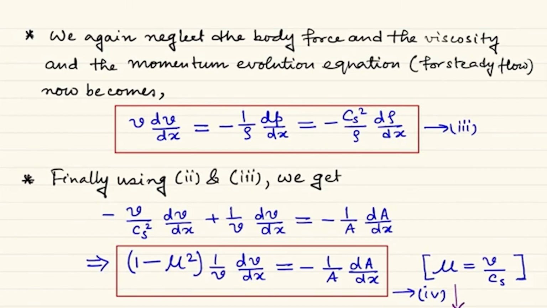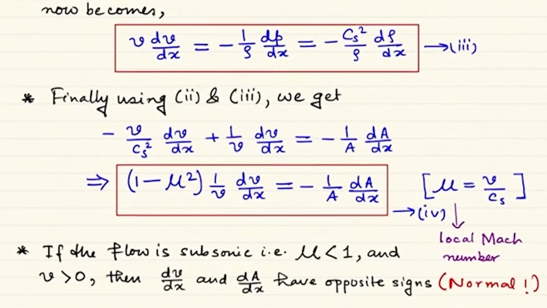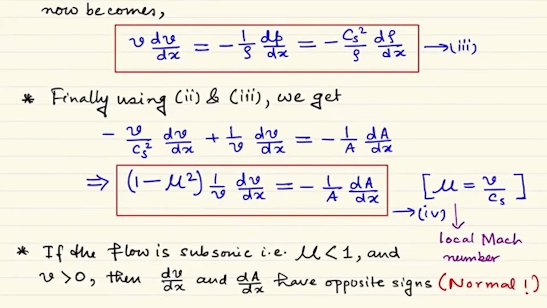Local Mach number means the Mach number at every point, because v is the velocity at every point, and cs is also the sound speed at each point. So local velocity by local sound speed gives us local Mach number. This actually changes as x changes. So this is the final and the most important relation for this problem.